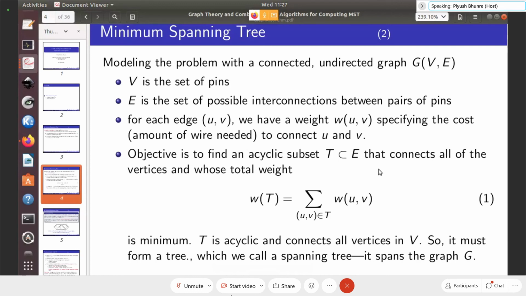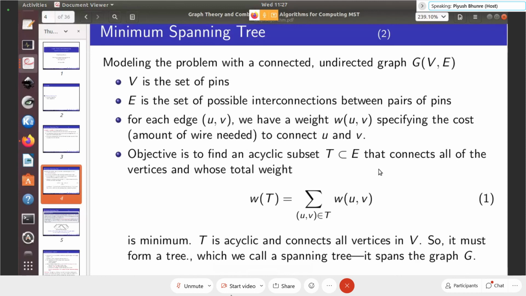If you pick some of the edges of the graph, the tree is spanned by the edges that you have selected. So basically you pick n minus 1 edges of the graph so that they span the graph. Obviously it contains all the vertices, and it also forms a tree. That's called a spanning tree.